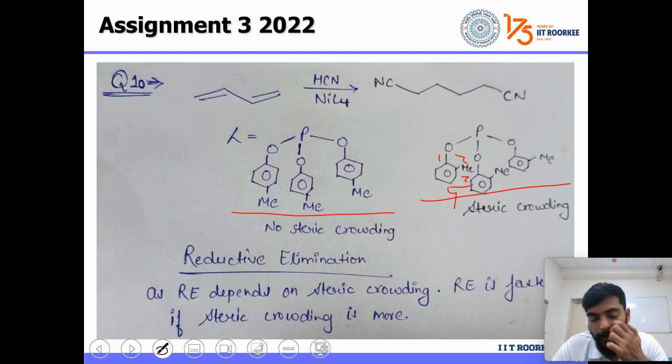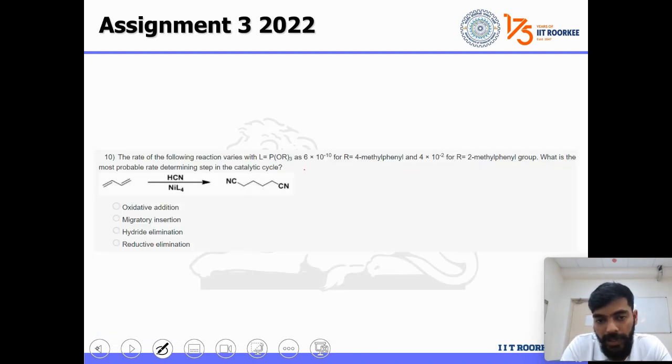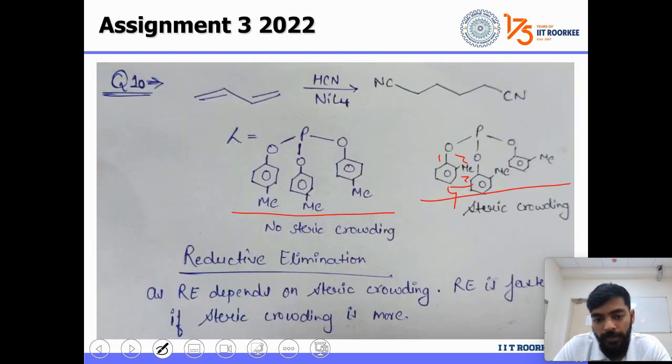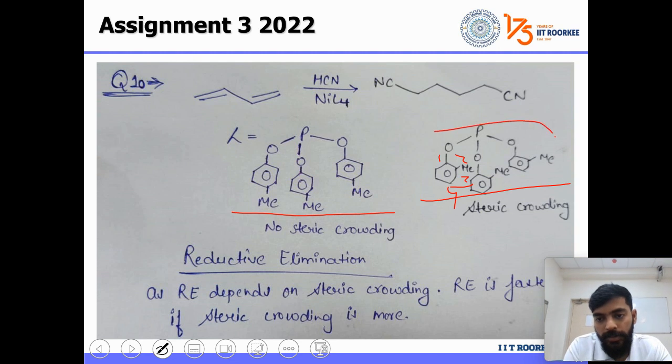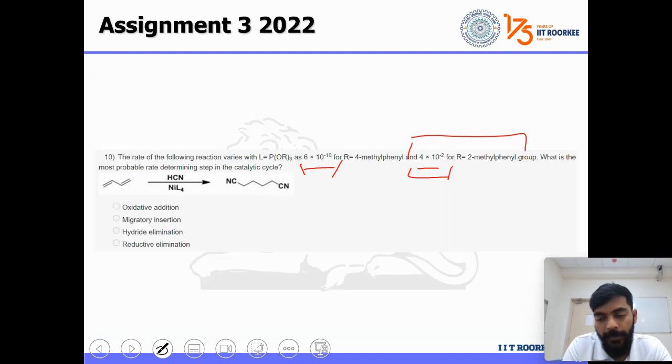Understood? So that is why only, see here, the rate of this reaction is increased. Okay. With this case, see, this is the steric one. Getting my point?